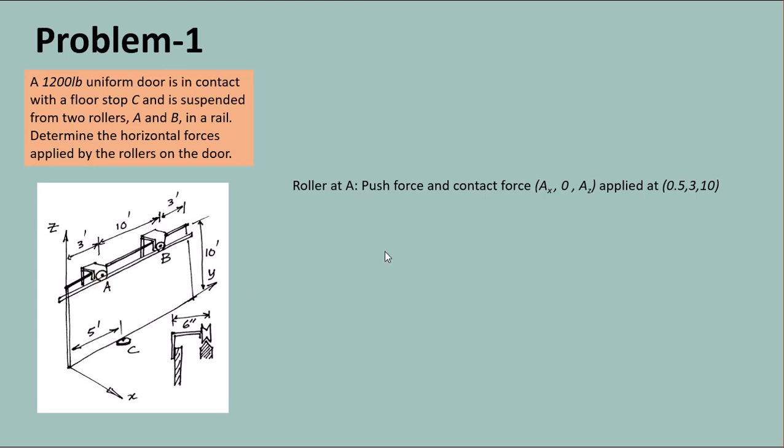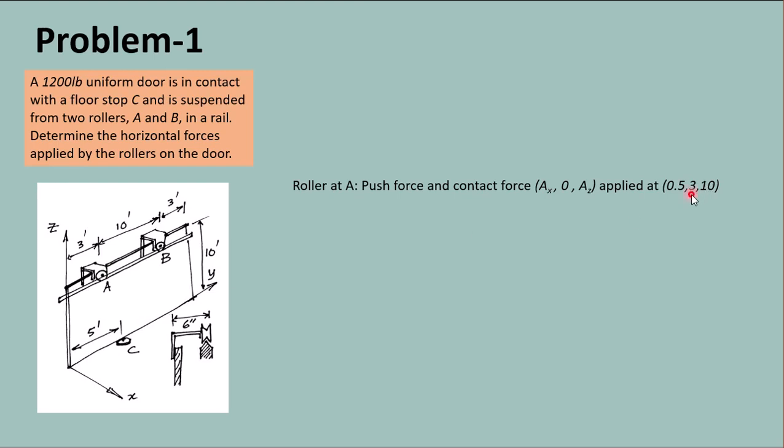To find the location of the roller A, you have to go up 10 feet, which is along the Z direction. So the Z coordinate of the roller is 10. Then you will have to move 3 feet along the y-axis.